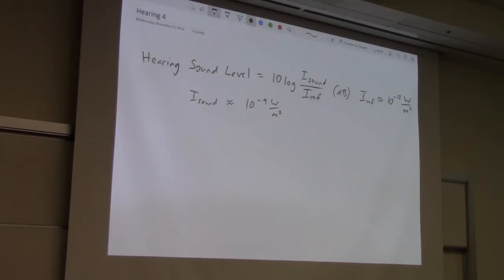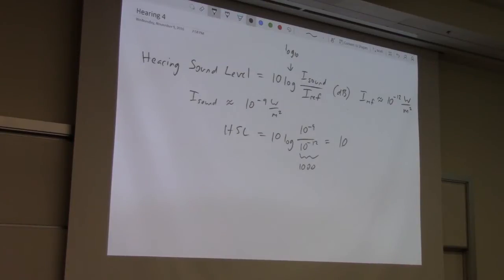So if we apply the formula above, the hearing sound level is 10 times the log, and this is the log base 10, as opposed to the natural logarithm. If you're doing something like this in MATLAB, you want to make sure you have the right logarithm. So we got 10 to the negative 9 divided by 10 to the negative 12, which is 1,000.